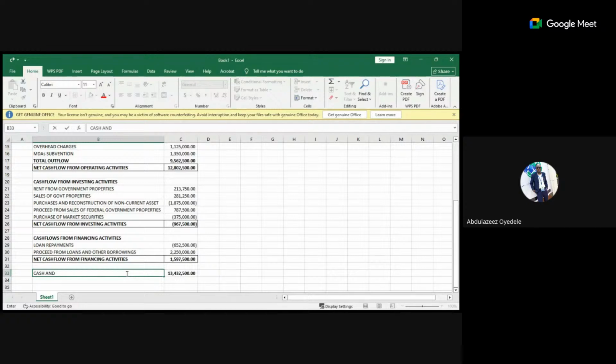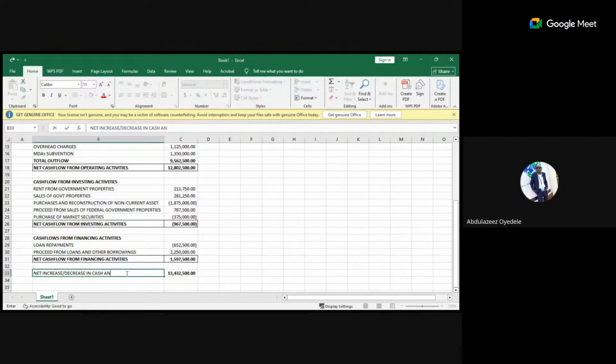So this is the addition of the three of them. It's giving us that 13 million, right? So we call that one the net increase or decrease in cash and cash equivalents for the year.